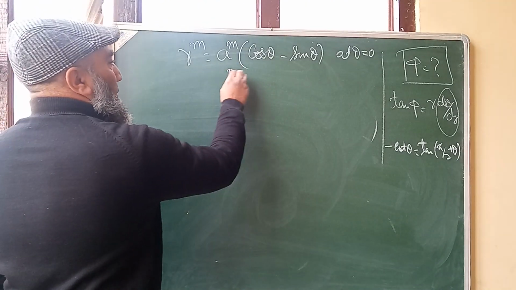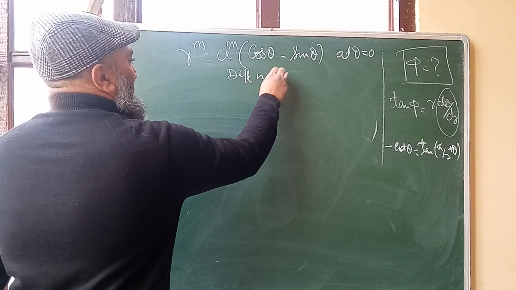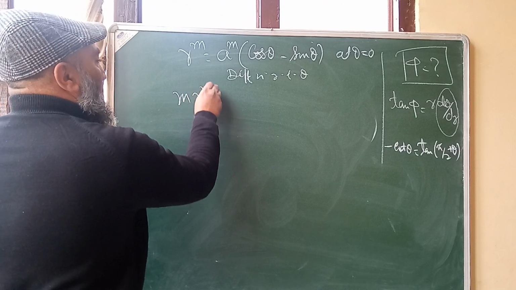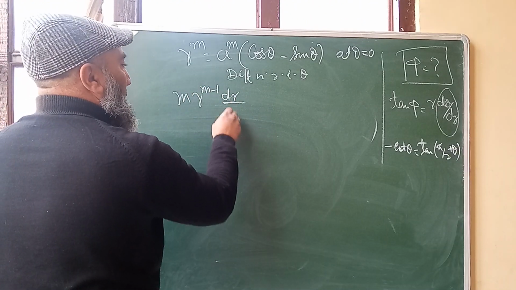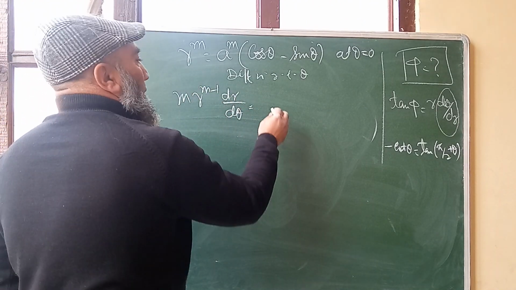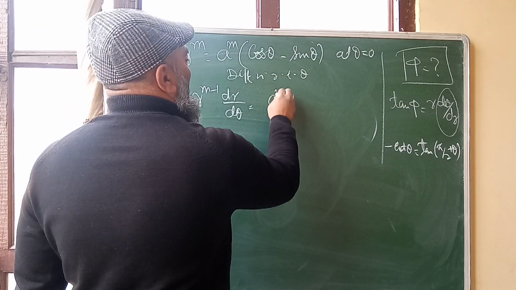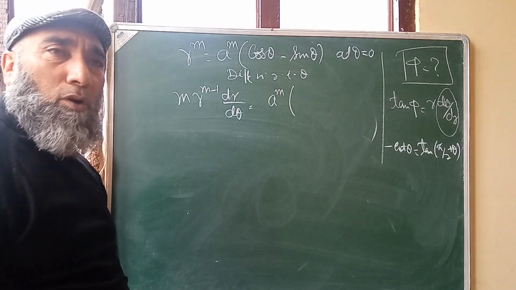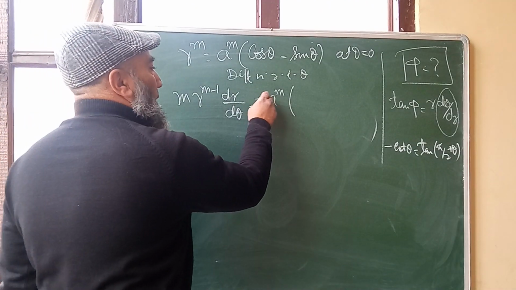So let me differentiate with respect to theta. What is that? m r to the power m minus 1 dr by d theta equals a to the power m times the differential of cos, which is minus sine.